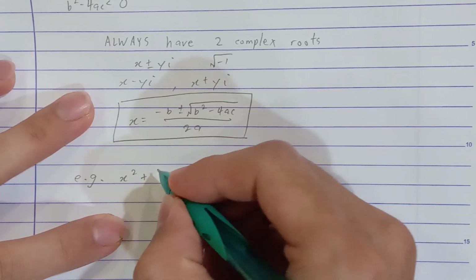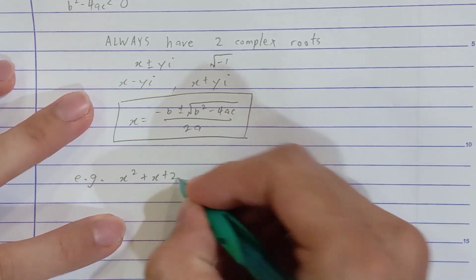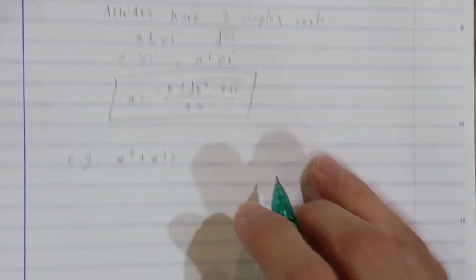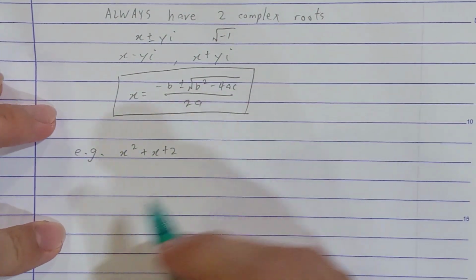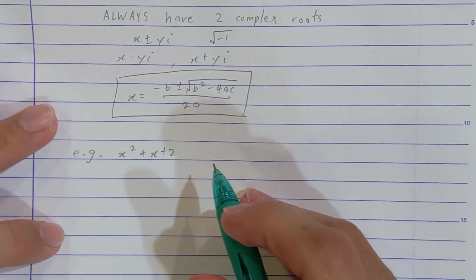Take x squared plus x plus 2, and you can try to find the answer yourself, or you can just follow along as I solve it.